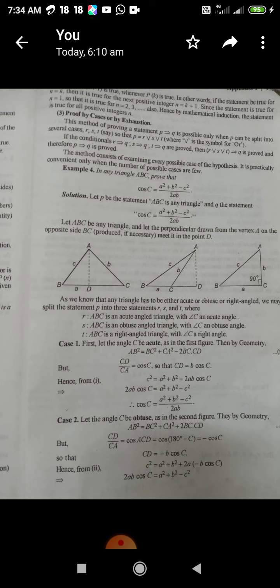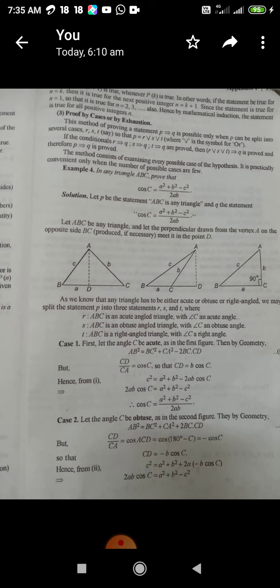This method of proving a statement P implies Q is possible only when P can be split into several cases, so that P is equal to R or S or T, if the conditionals R implies Q, S implies Q, T implies Q are proved.